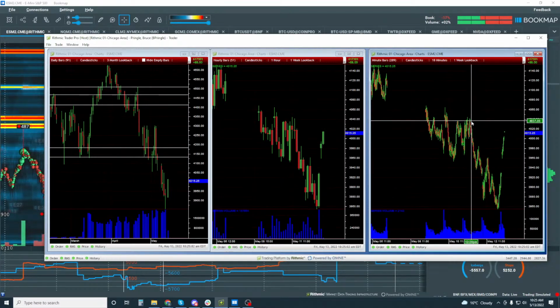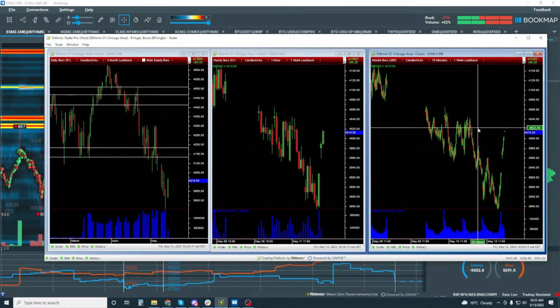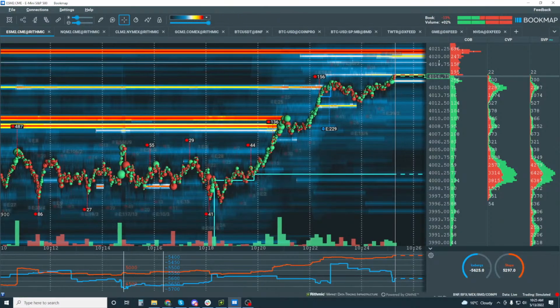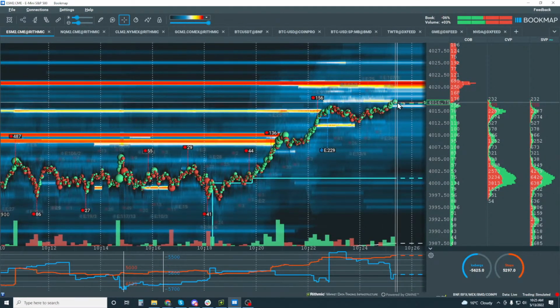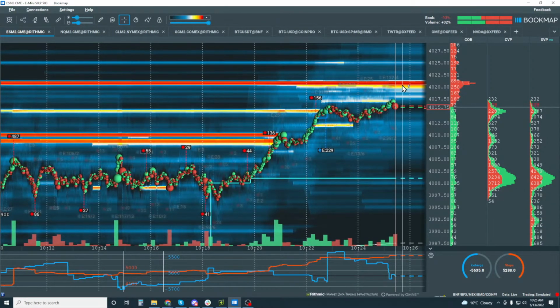The wicks are up here at the top of the range, 37, 38 to 42, somewhere around there. So we're looking for that test up to here, and we're aligning that with higher time frame liquidity. The liquidity's here. Makes sense. So we're looking for buyers to reach that area and find the sellers up here.